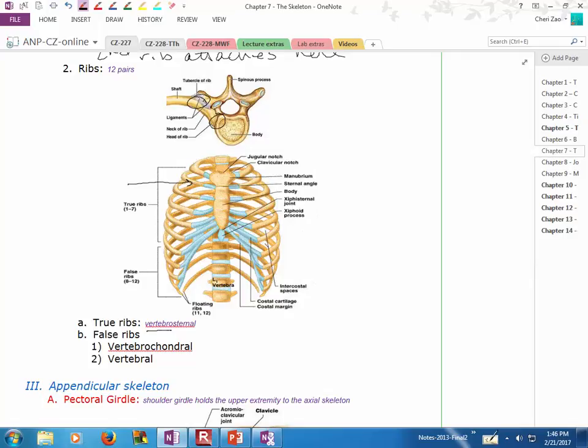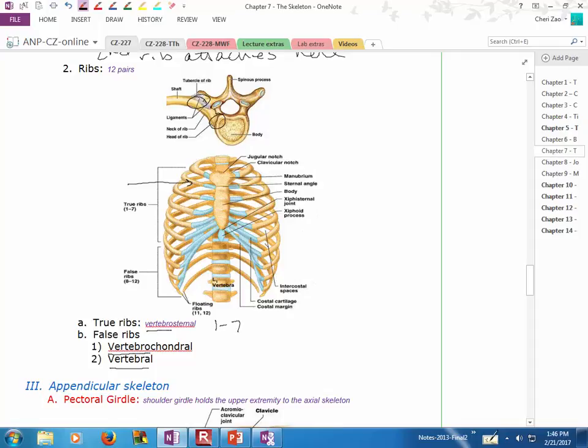Of our false ribs, we have one set of false ribs called vertebrochondral. So that means we're attached to the vertebrae posteriorly and to a cartilaginous material anteriorly. That could be the only way to attach. And then we have ones that are just called plain old vertebral, which means that they only have one attachment site, and that's posteriorly.